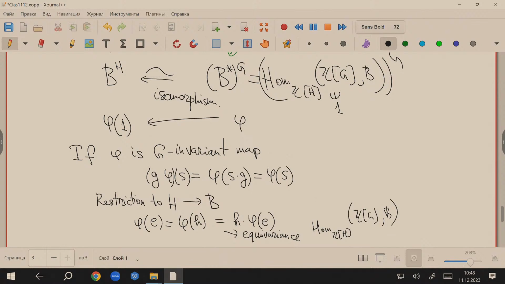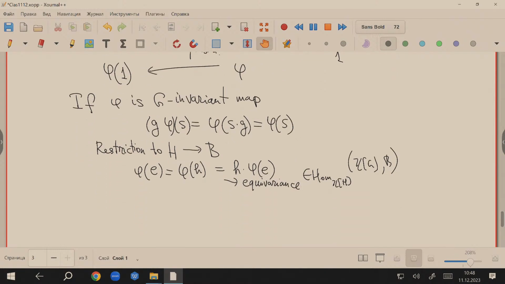So this part is just saying that you are in the hom, and this part is just G invariance.